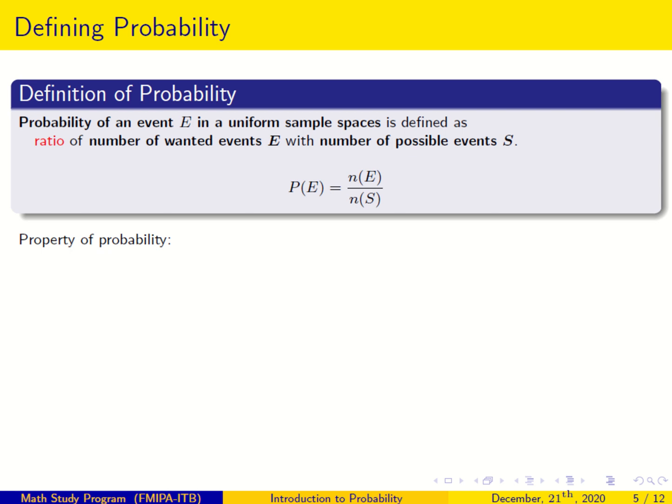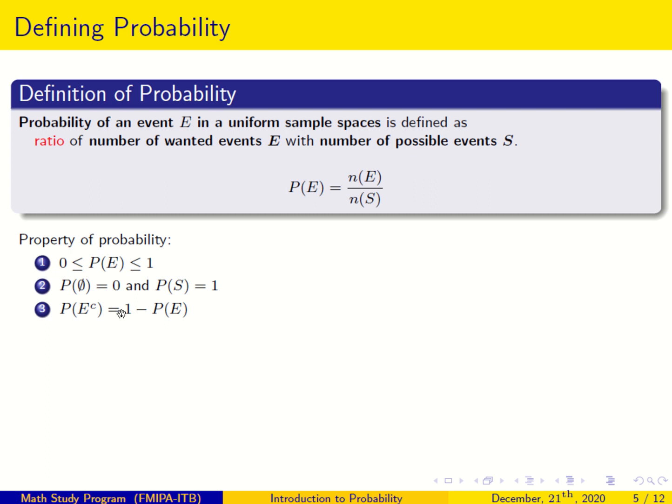Here are some properties of probability. The probability of an event should be between 0 and 1. The probability of the empty set, or an event that cannot happen, is 0, and the probability of the sample space must be 1. The probability of everything that can happen is 1.